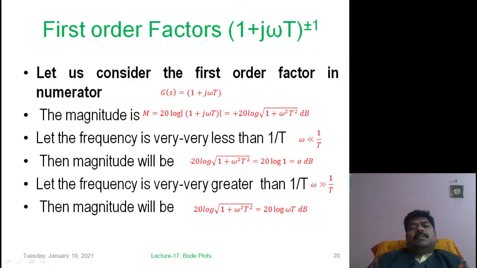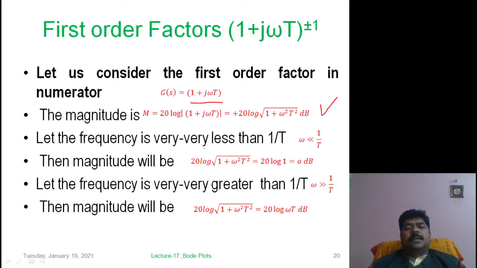While if the first order factor lies in the numerator, meaning G(s) equal to 1 plus j omega T, the magnitude will be 20 log mod of this, meaning the magnitude of 1 plus j omega T, or you can write plus 20 log under root 1 plus omega square T square in decibels.